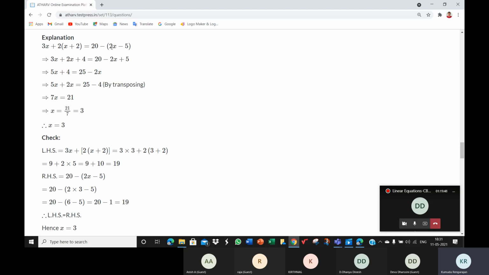Minus 1 into 2x is minus 2x. Assume that it's 1 there. You can't see 1, but you can always assume minus 1 there. Minus 1 into minus 5. Minus into minus plus 1 into 5 is 5.